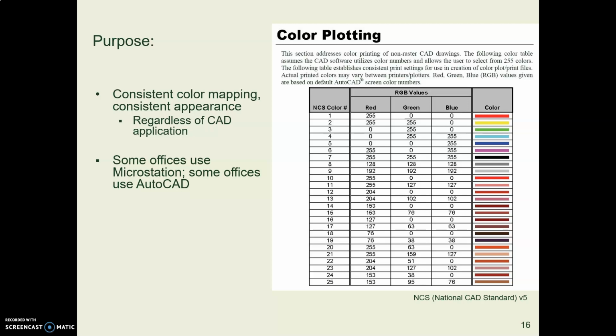Finally, to be thorough, I will tell you about this color plotting standard from the National CAD standard, and I will tell you that this is one of those things that probably nobody around here follows. The reason for having this color standard is that some offices use AutoCAD, some offices use MicroStation software.